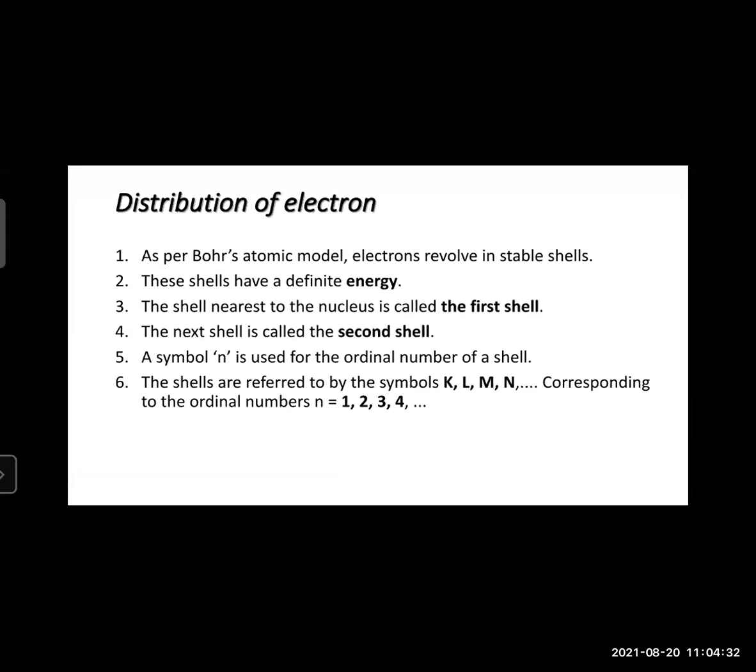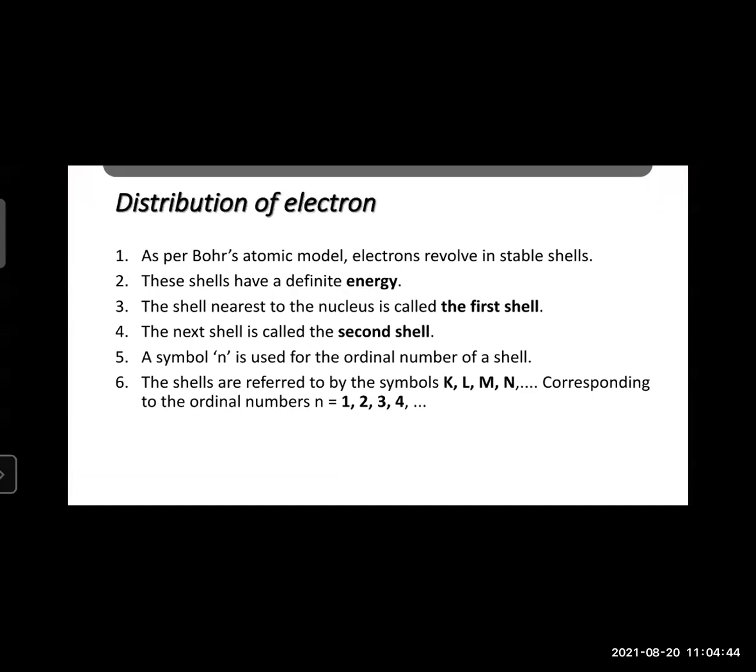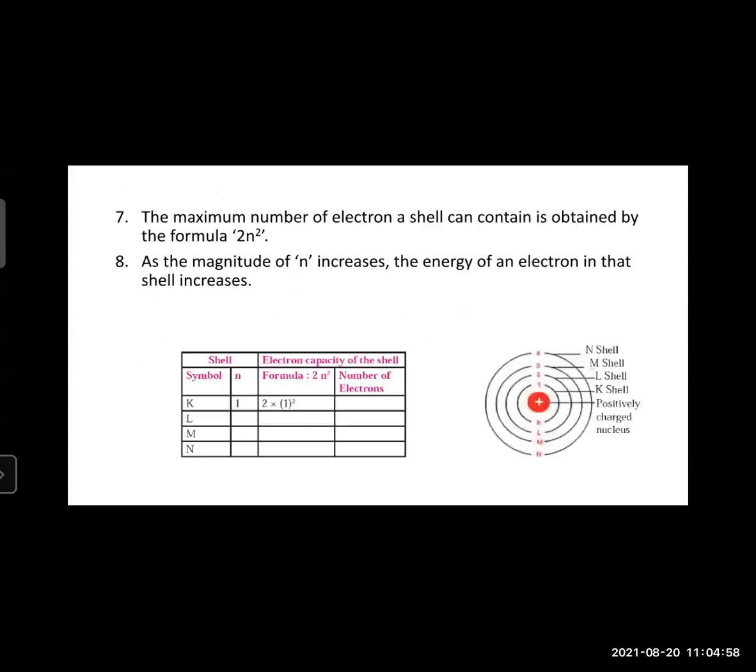The shells are referred to by the symbols K, L, M, N, corresponding to n equal to 1, 2, 3, 4. Therefore, the first shell is K, the second shell is L, the third shell is M, and the fourth shell is N.